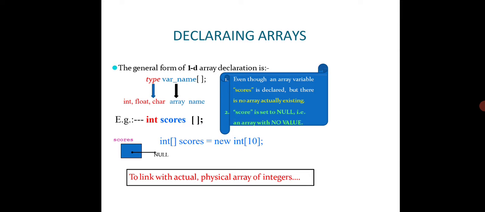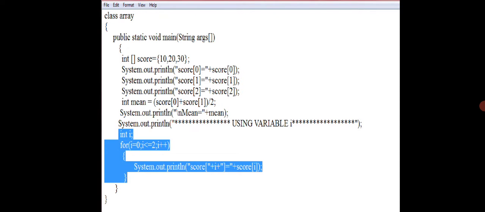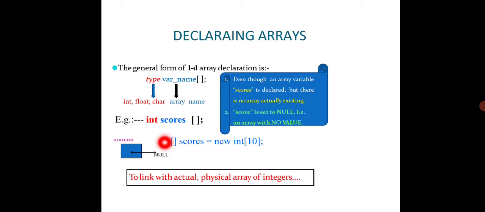Here I am declaring int score. Integer is the data type, score is the array name. Here we have a square bracket. We can create an object like this: int score equal to new int. It is one of the ways of creating array objects in a Java program.